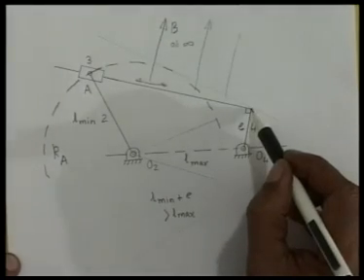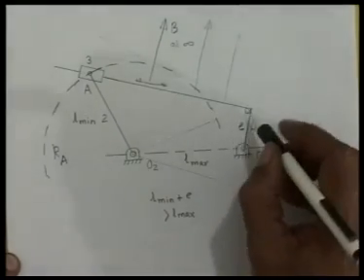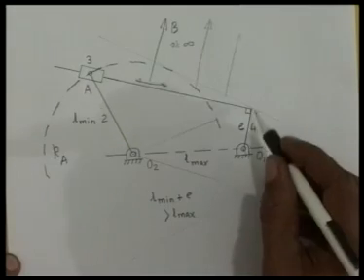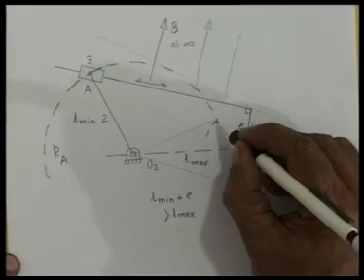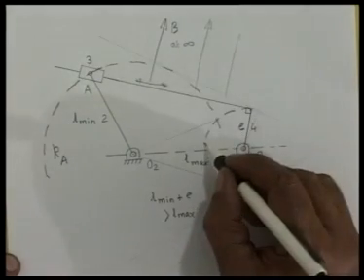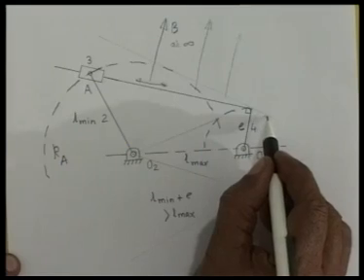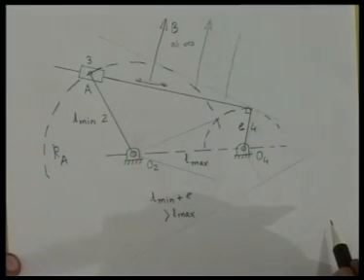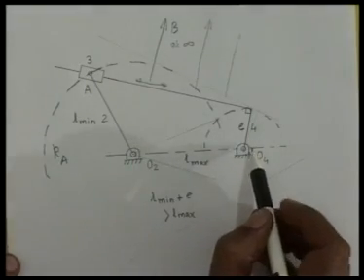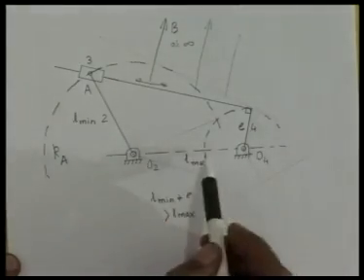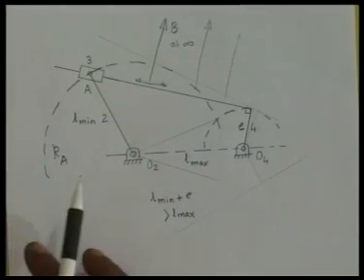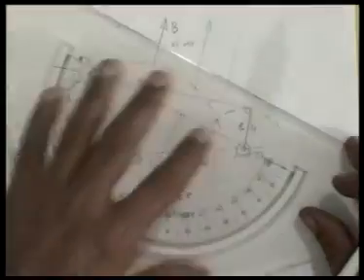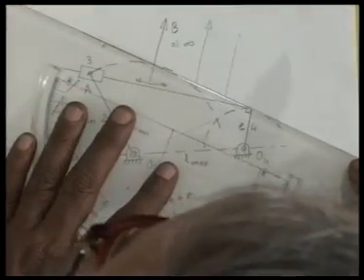And this offset E, this distance rotate with O4 as center and E as the radius, that is, this corner moves on this circle. Now, let me draw a common tangent to these two circles, one centered at O2 and the other centered at O4. The common tangent between these two circles are these two lines.